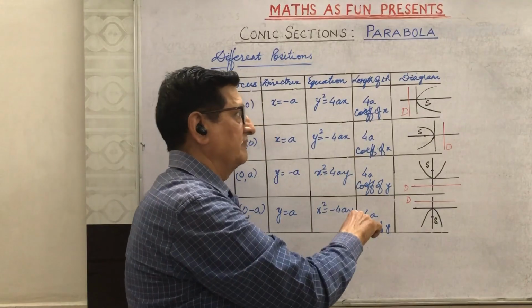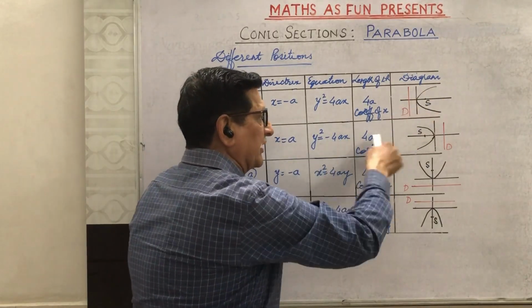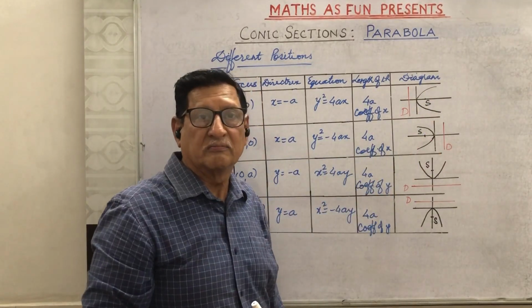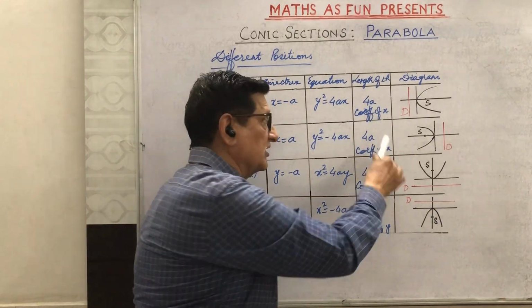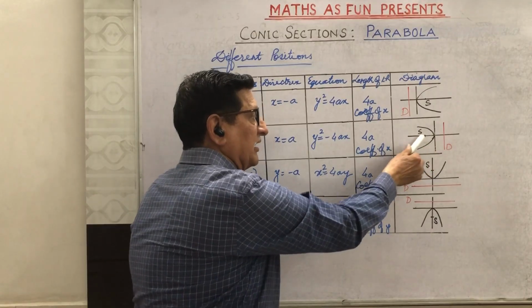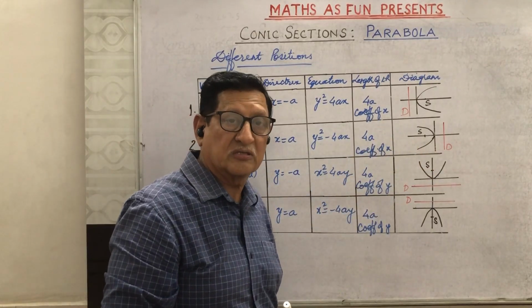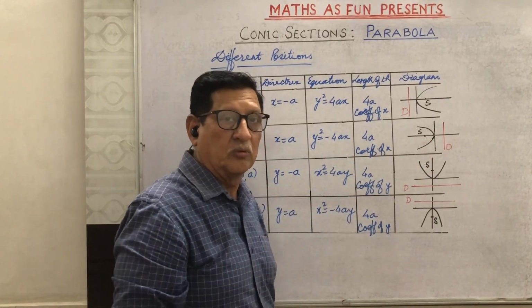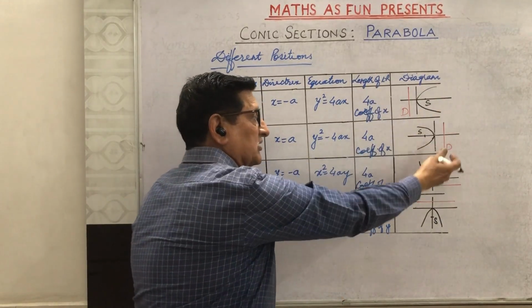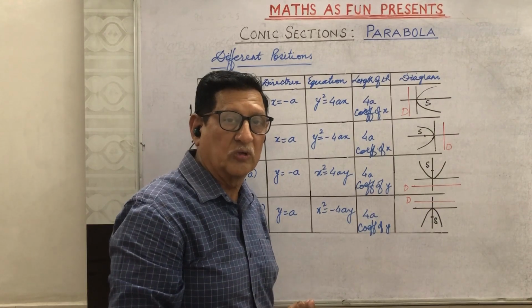But in case the parabola comes to the negative side of the x-axis, the diagram is this. In such a case, the focus will be on the negative side of the x-axis, and hence that will be minus a comma 0. The directrix will go on the positive side, so that will be x equal to a.